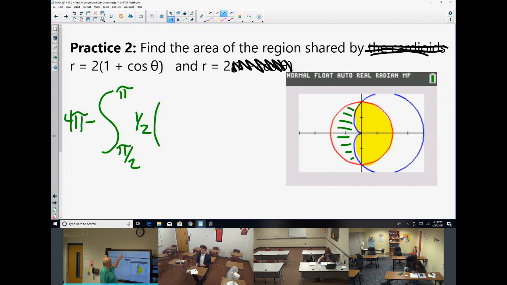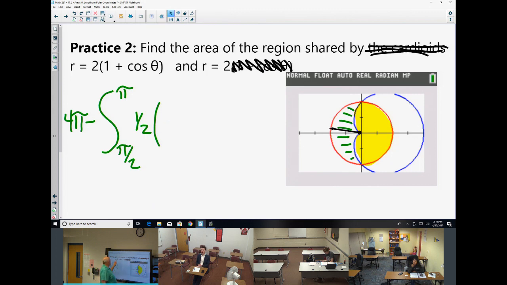So imagine, I'm not showing this well, but if you're sending out a ray from here to here, it's going to hit the blue and the red. Well, the red is the outside radius, and so it's that minus the inside. And so as you go through the angle, the red is the outside, the blue is on the inside.